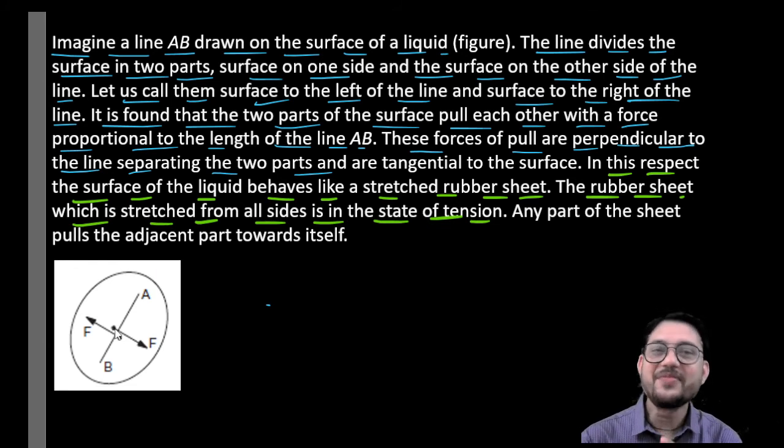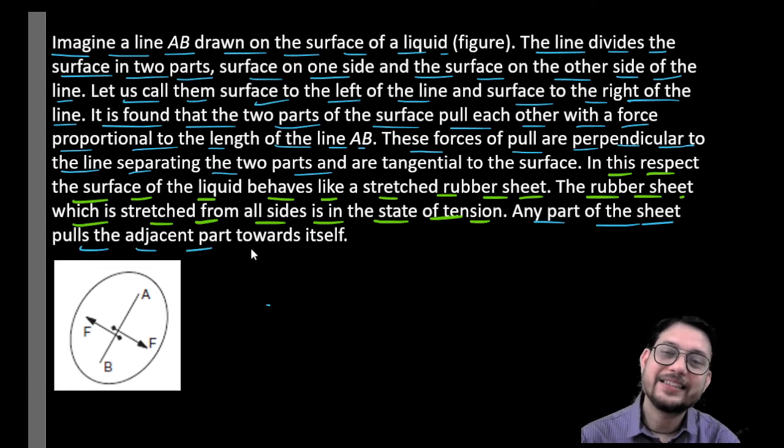So we can simply say that this condition arises a tension on the surface, and we can see only that any part of the sheet pulls the adjacent part towards itself.